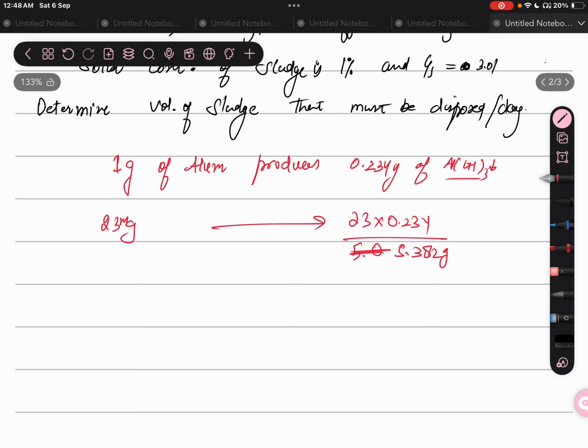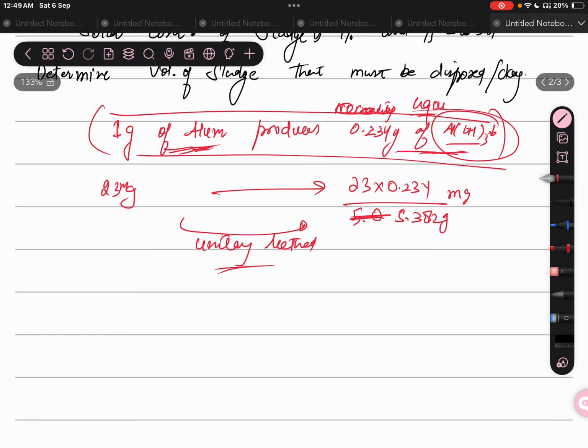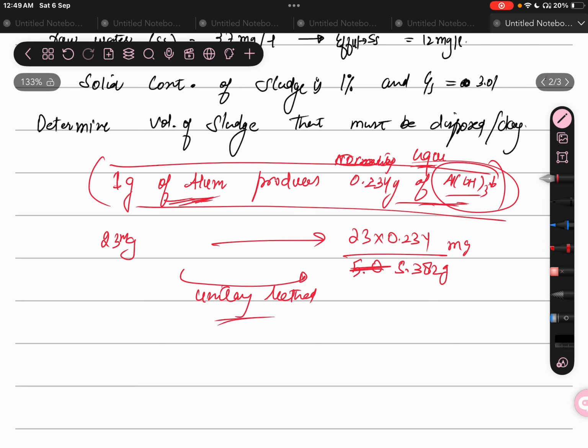Simply unitary method. We can also calculate this from the normality or equivalent method: one equivalent of alum will react to produce one equivalent of Al(OH)3.